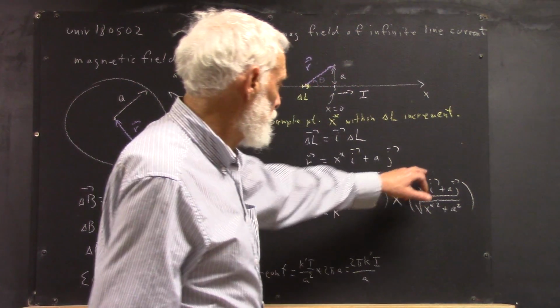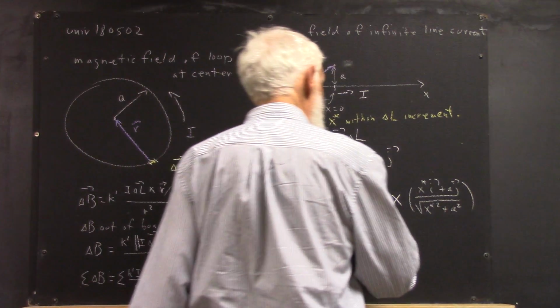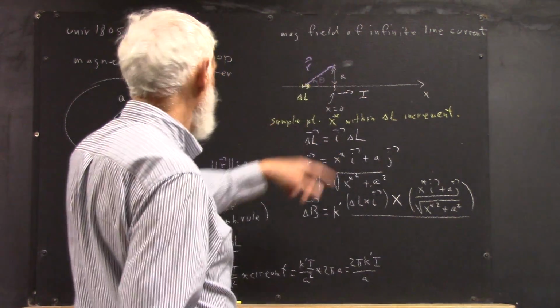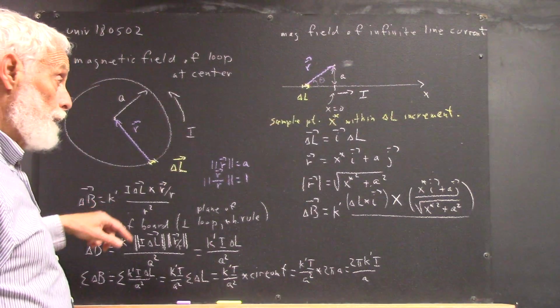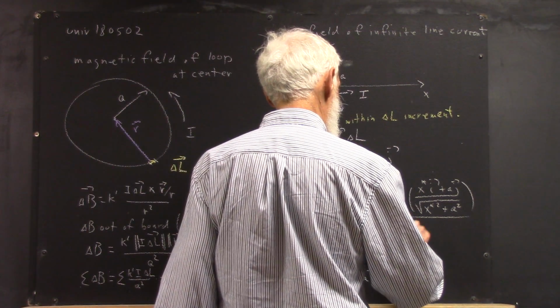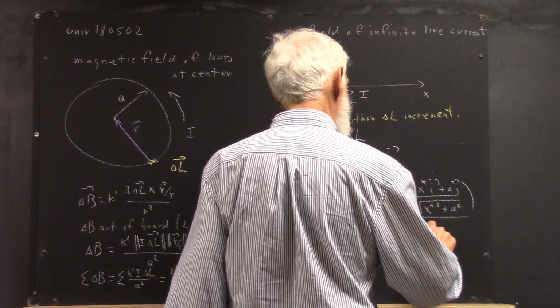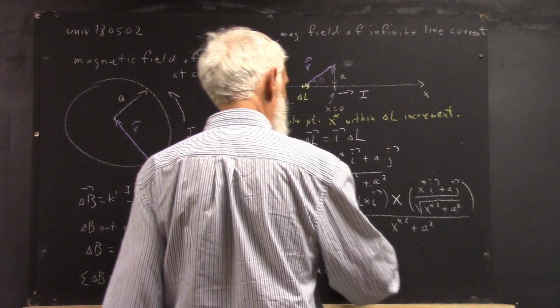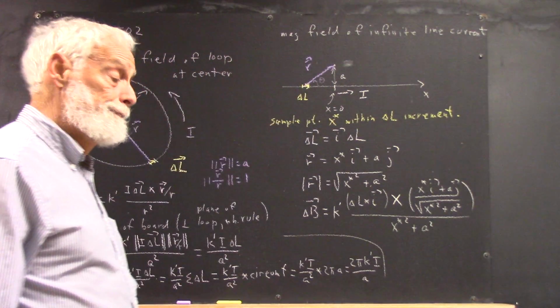And there we have the vector over its magnitude. And we divide that by the square of the magnitude of the R vector, which is, of course, x star squared plus a squared.